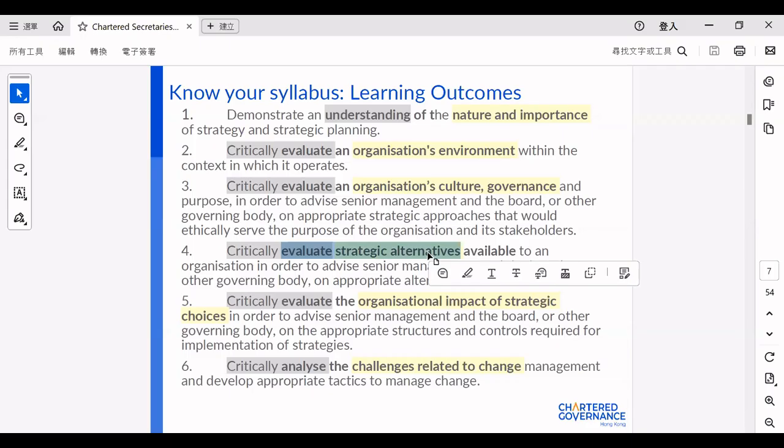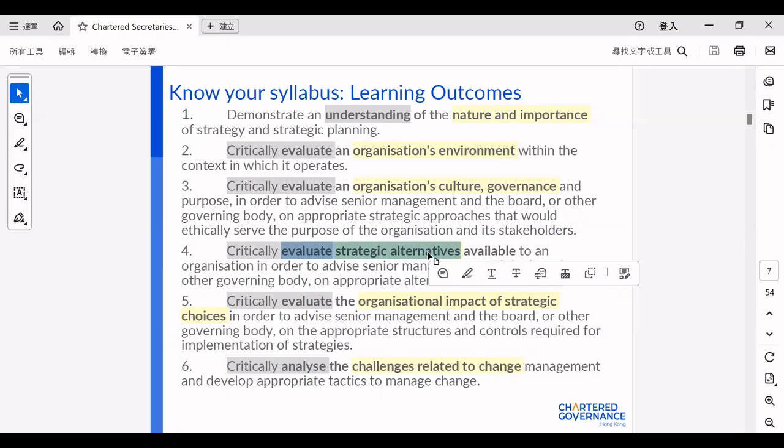And fifthly is learning outcome five. You are expected to examine the implications of the structure and control system. You have to link the strategies to implementation. So what the examiner is looking for is your understanding of how the strategy can shape the operational design, including the systems and the governance mechanisms to support changes and things like that.